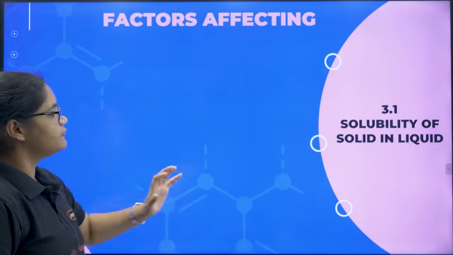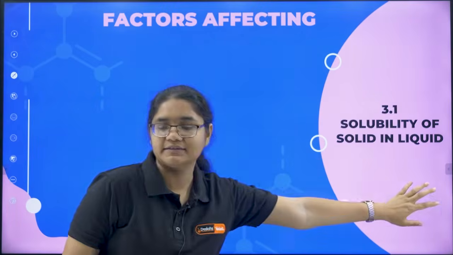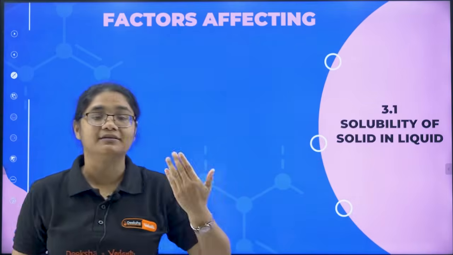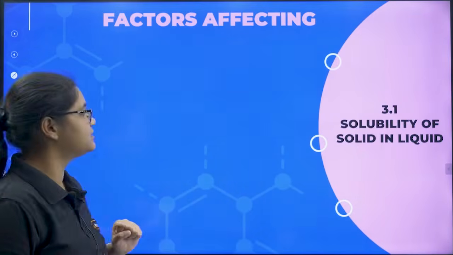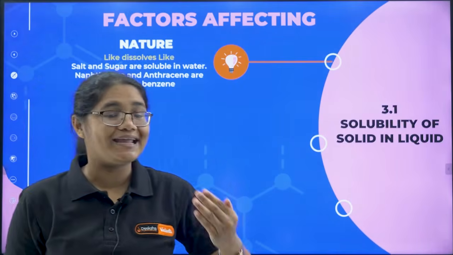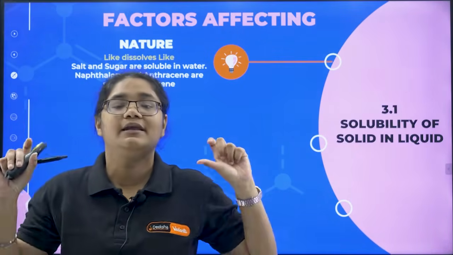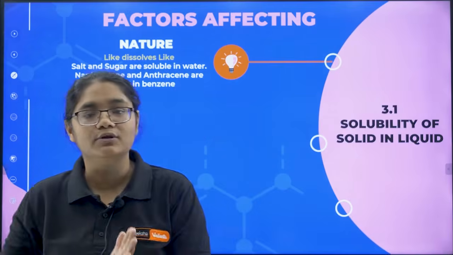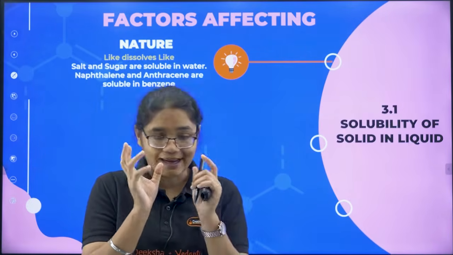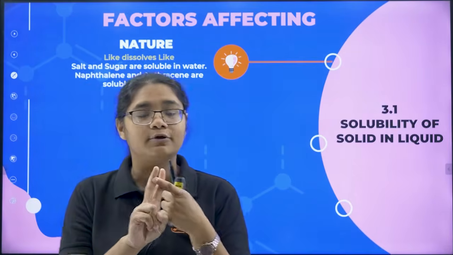First we will see what all factors affect the solubility of solid in liquid. On what factors it depends, okay? So the first factor here is nature. Now here a very important thing is like dissolves like. This line is very important. Like dissolves like, okay? What are the two things we are talking about here?